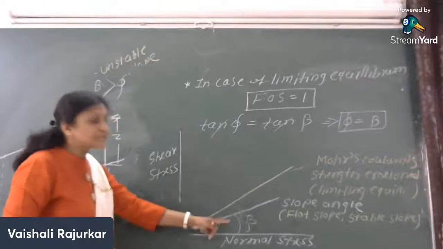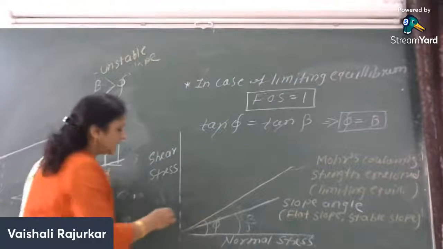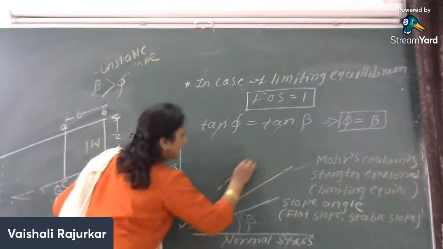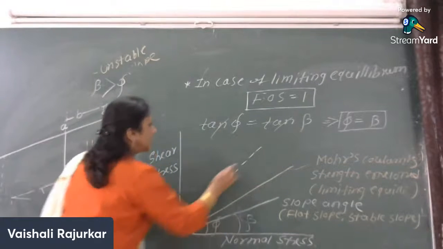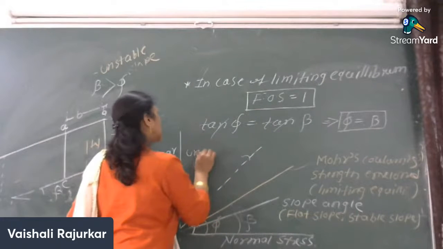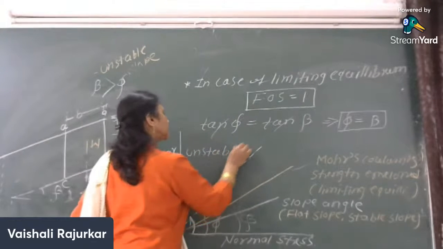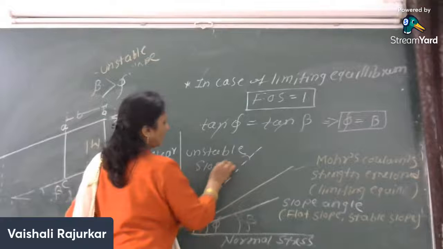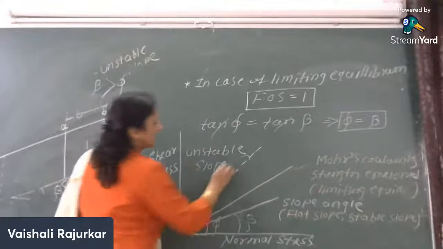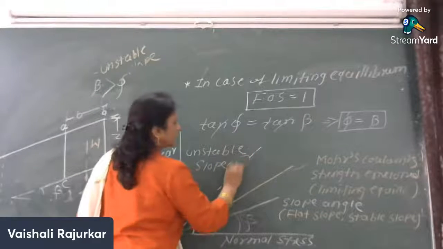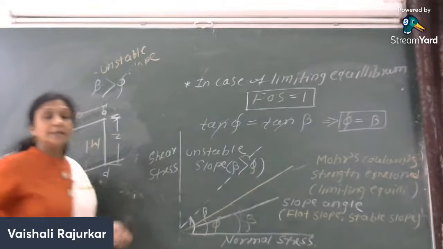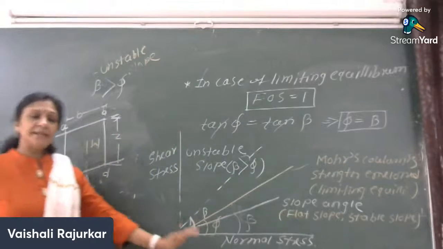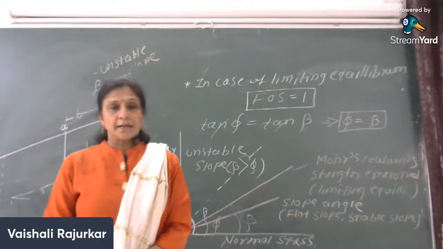Whereas when beta is more than phi, in that case it will be called an unstable slope. In an unstable slope, beta is greater than phi. And here, when beta is less than phi, it will be in a stable condition.